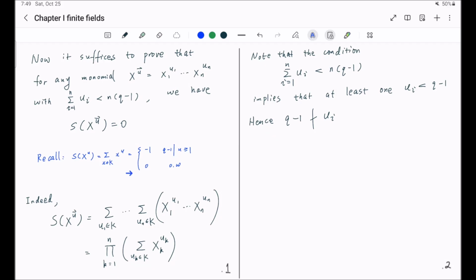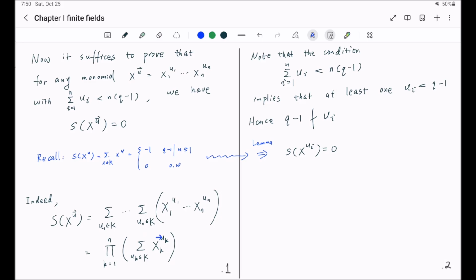So the lemma implies that we are in this otherwise case, which means that sum must be equal to 0. So S of x to u sub i is equal to 0 for that u sub i less than q minus 1. But if you look at this expression, this is just one of those factors.